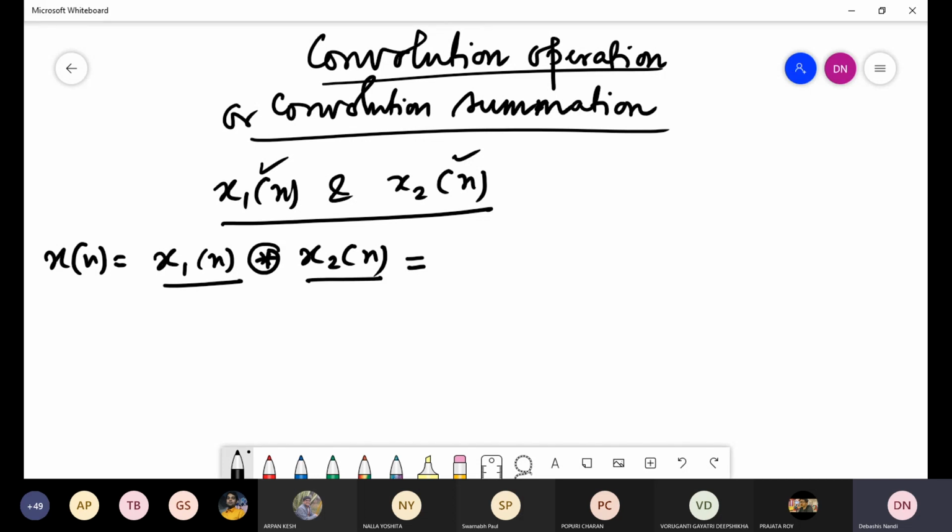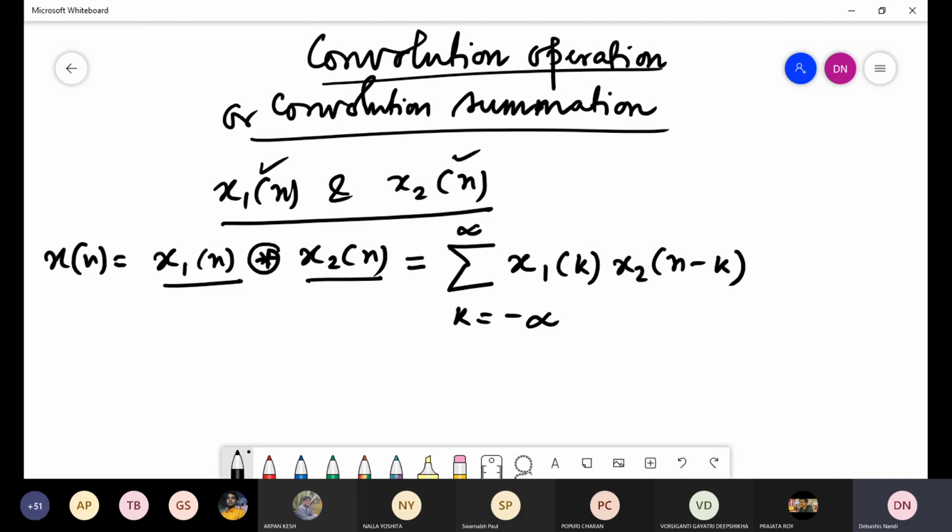And this is a symbol, but the mathematical operation done for this convolution is given in terms of summation. Now, this is equal to summation k equal to minus infinity to plus infinity of x1k x2n minus k.